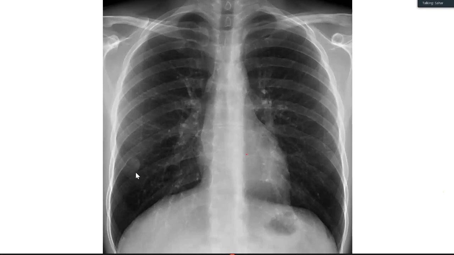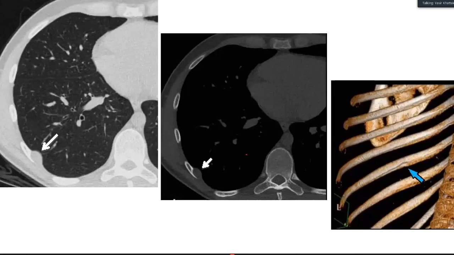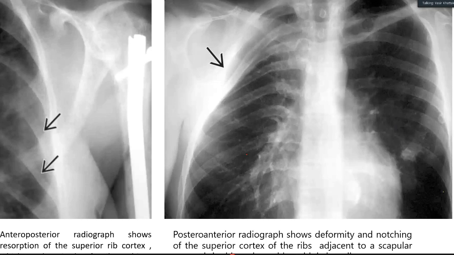Yes, sir. All right, look at this one. So there's a lesion underneath the rib. There is definite notching and rib excavation, and this is clearly seen here. So always remember, opacity adjacent to the rib with notched margins, consider a case of neurofibroma. All right? Yes. So what are the differentials?